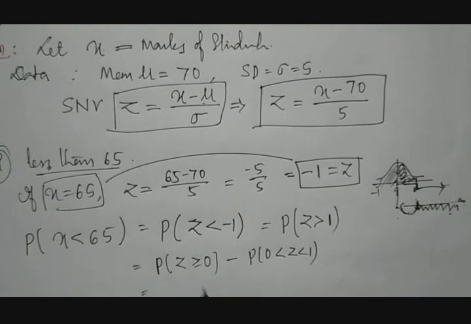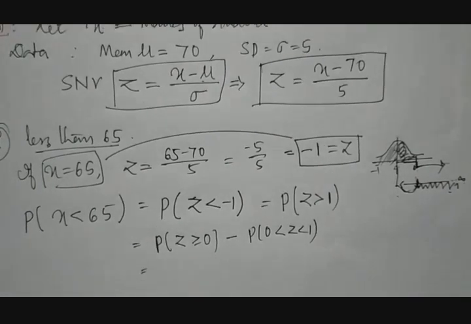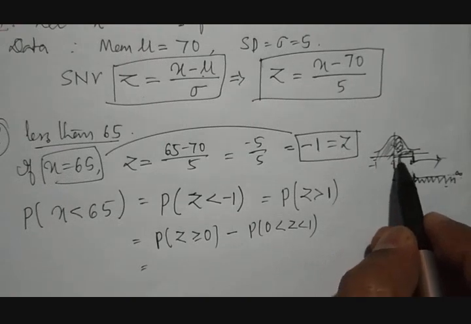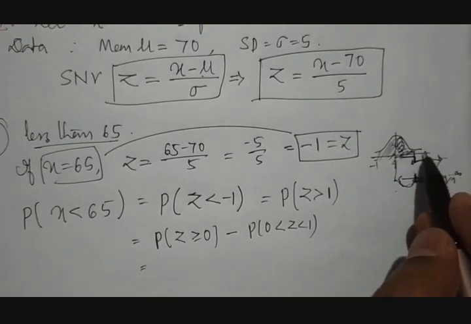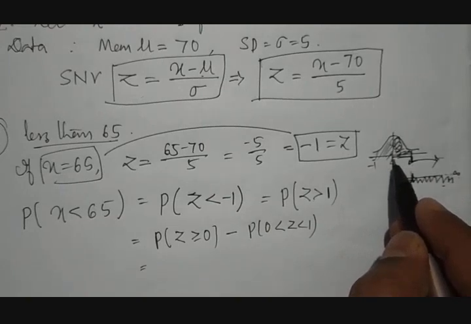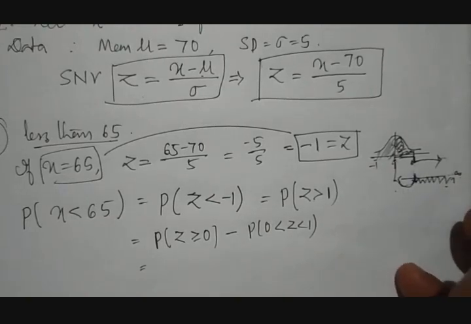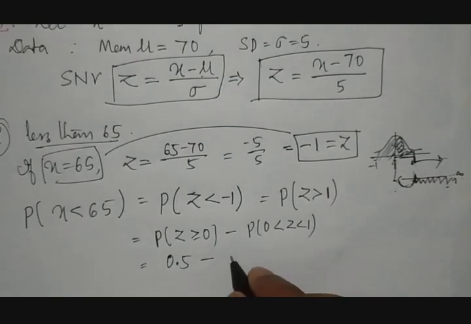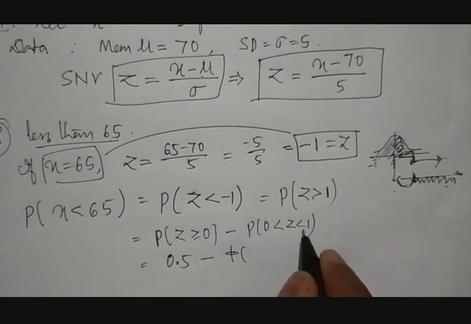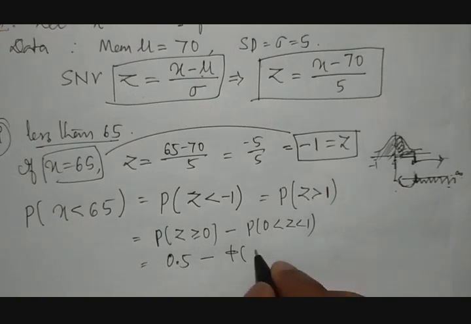Okay. But we know that probability of z greater than or equal to 0 means from here to unlimited. That is fixed because the overall area is 1. So from this line to continuation will be half of that. That is 0.5 minus phi of 1, here what is the highest number between 0 and 1? 1.